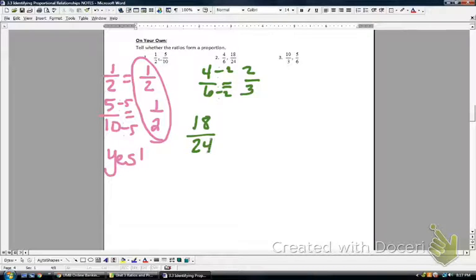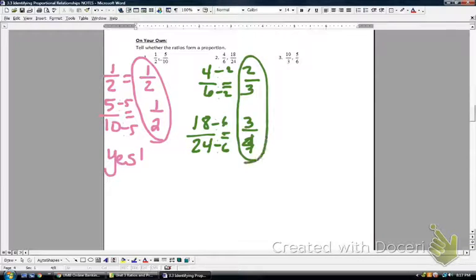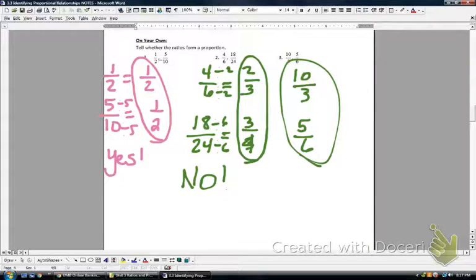Then I have 18 to 24, and I can divide the top by 6 and the bottom by 6, or use your calculator. That simplifies to 3 to 4. So 2 to 3 and 3 to 4 are not the same, so those do not form a proportion. Then my last one, 10 to 3 and 5 to 6, neither one of those can be simplified, so those do not form a proportion either.